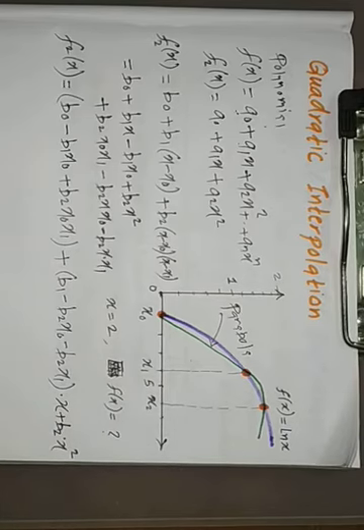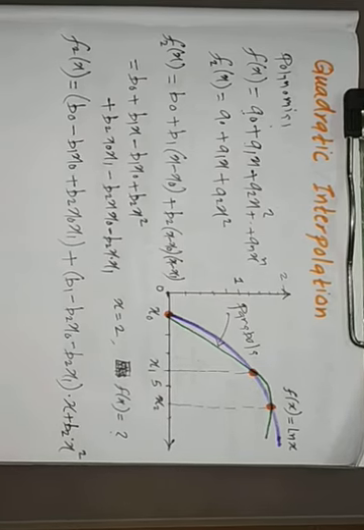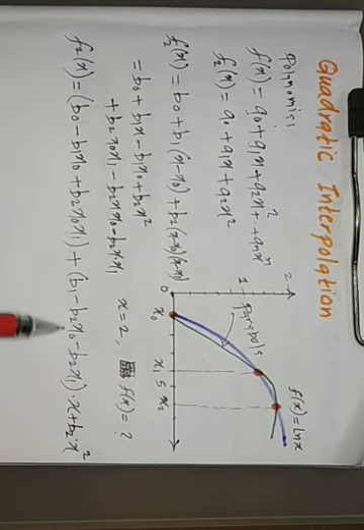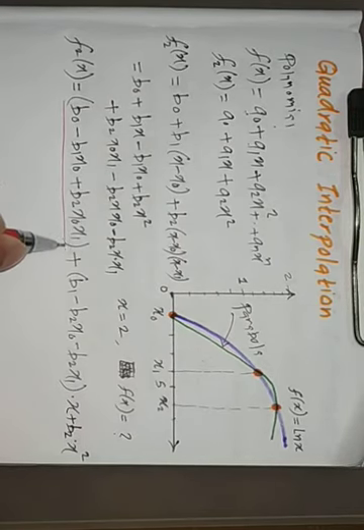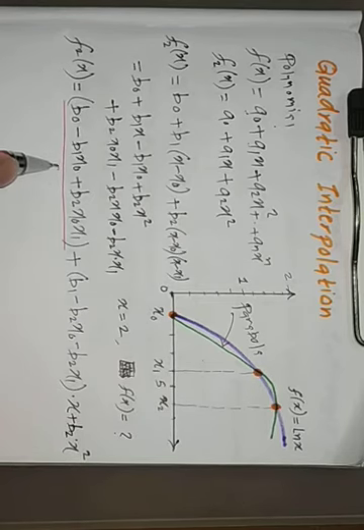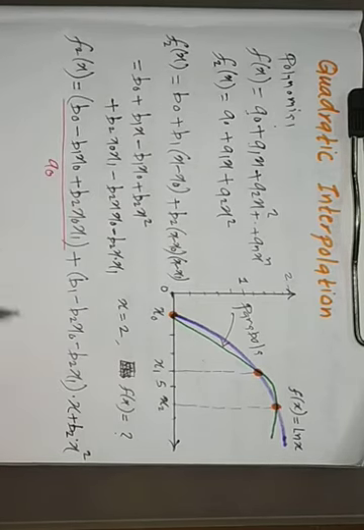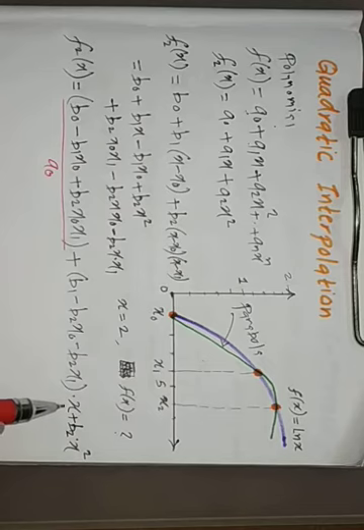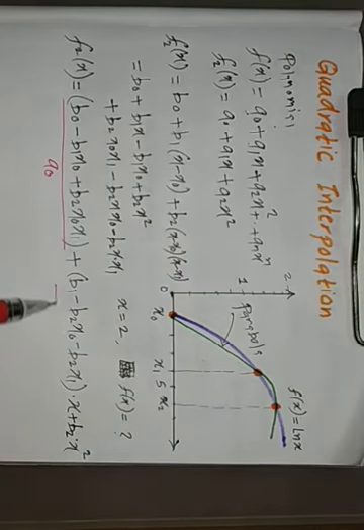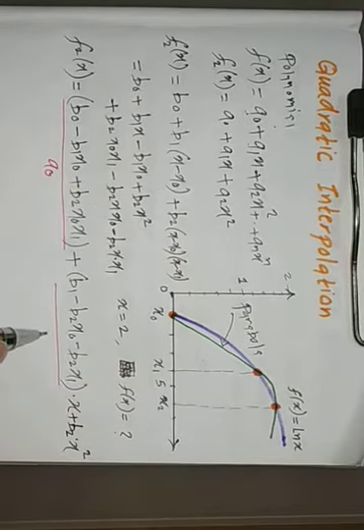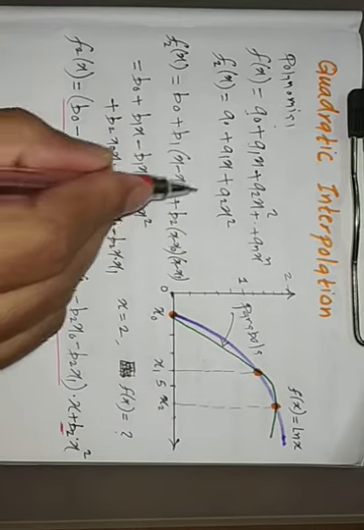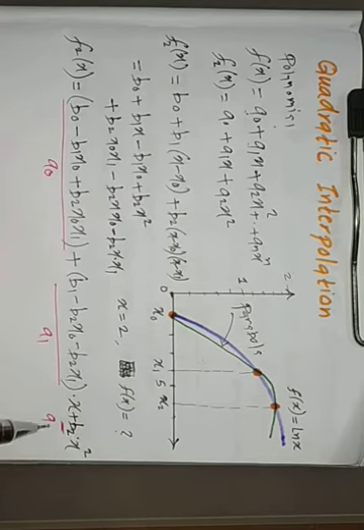So you can see this equation is similar to this one. If you see, these all are constant terms, so they are nothing but a0, and these terms are coefficients of x. So you see a1, and this b2 is a2.